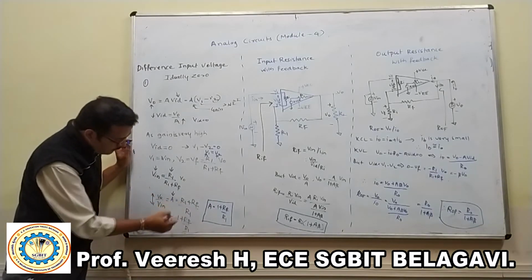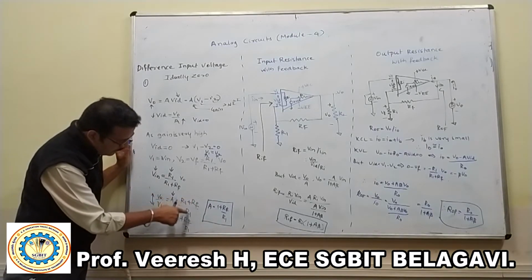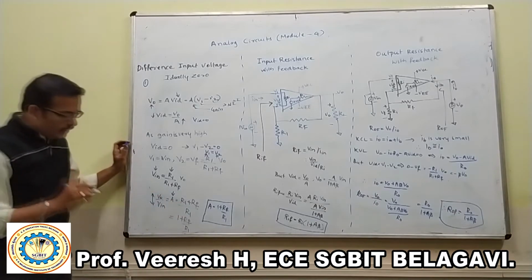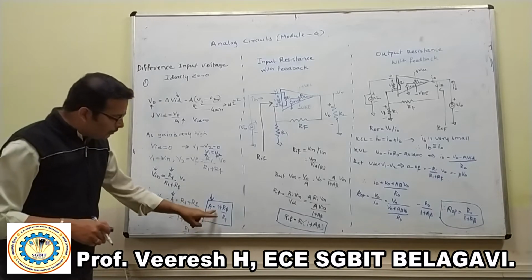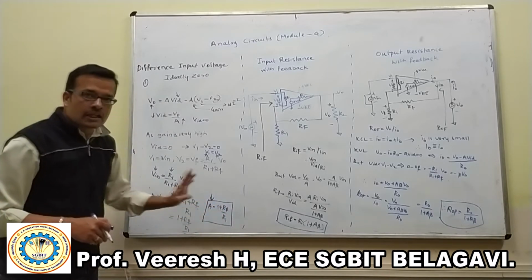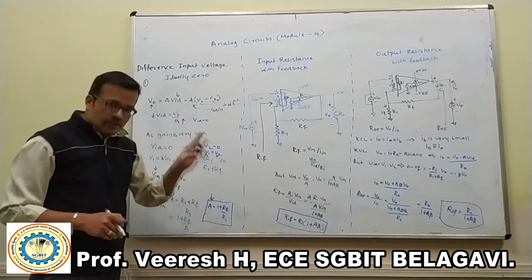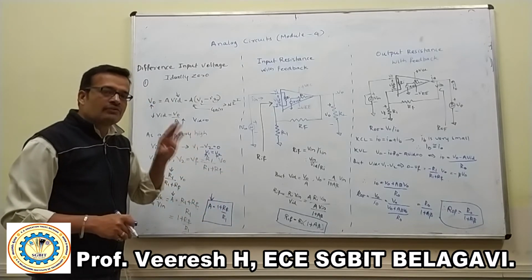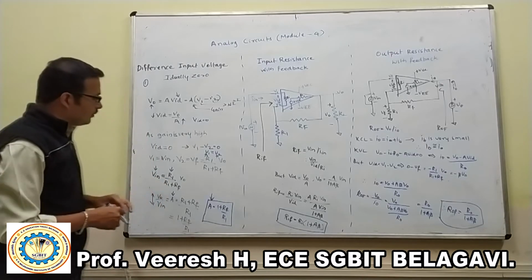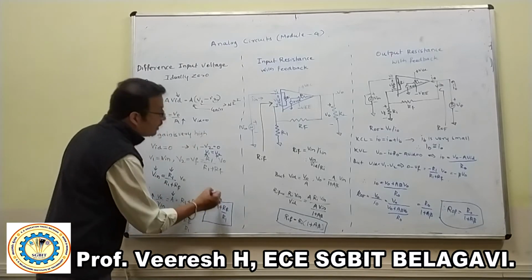If you divide this, it will be R1 by R1, that is 1 plus Rf divided by R1. So finally, the voltage gain of the amplifier is given by A equal to 1 plus Rf divided by R1, where Rf is the feedback resistance and R1 is the resistance across which the feedback voltage Vf is measured. So that is the first derivation.